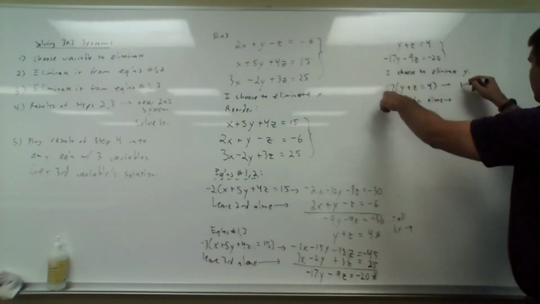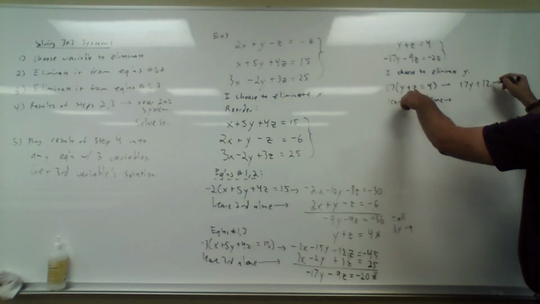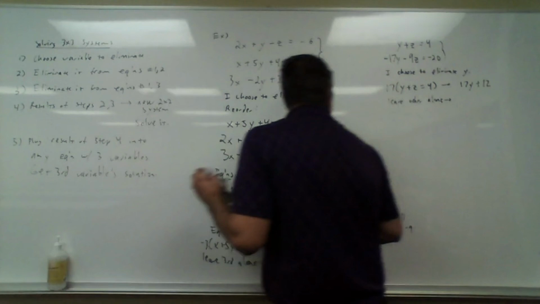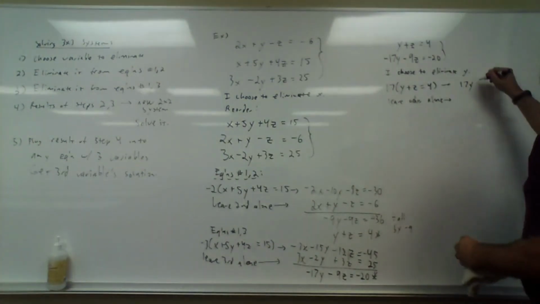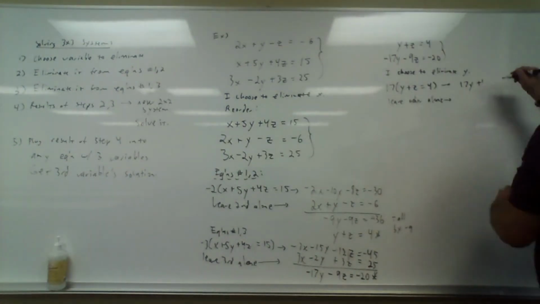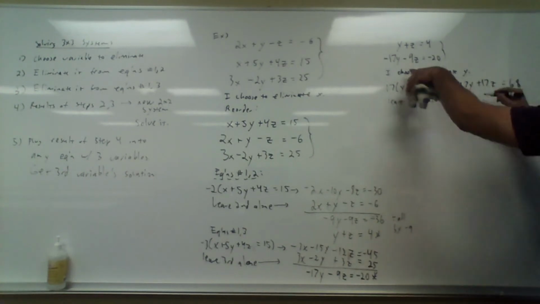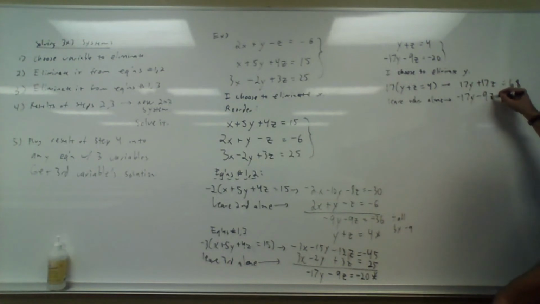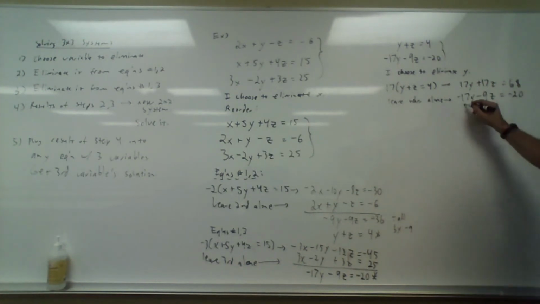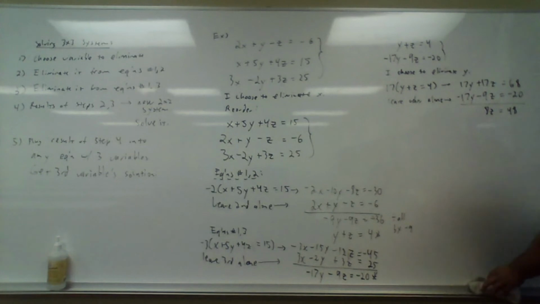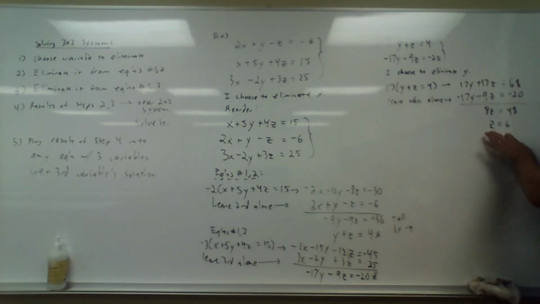And that gives me 17y plus 17z equals 68. And negative 17y minus 9z equals negative 20. So we end up with 8z equals 48. Okay? Divide off the 8. Z is 6.